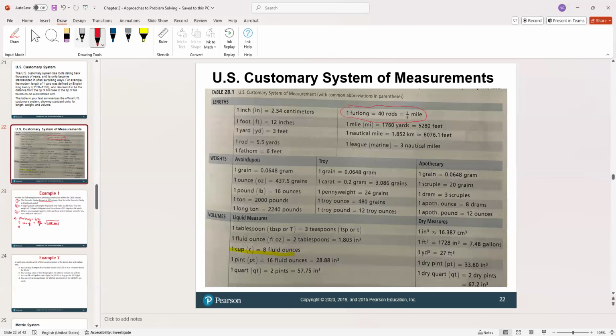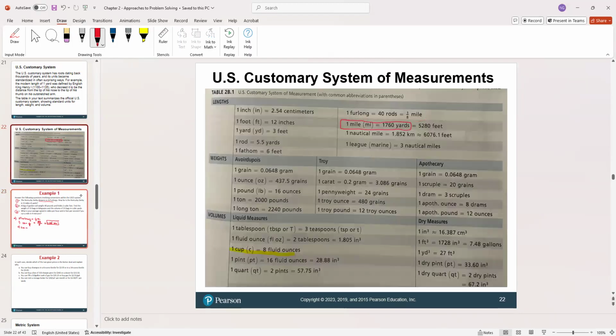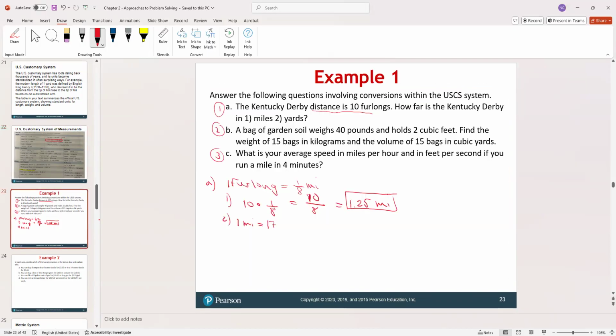However, we do have miles in yards, because we said 1 mile is 1,760 yards.